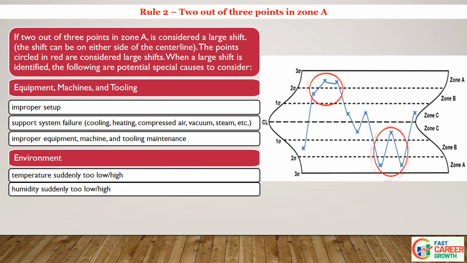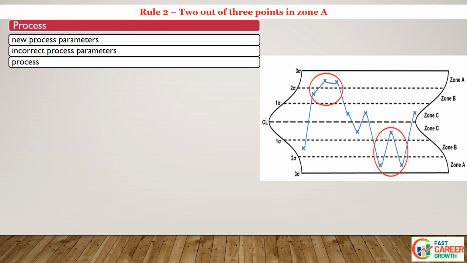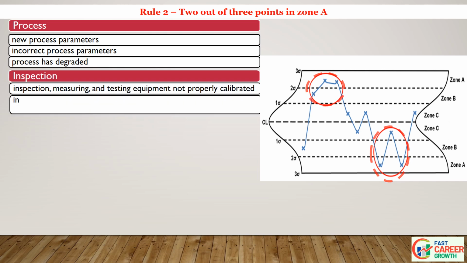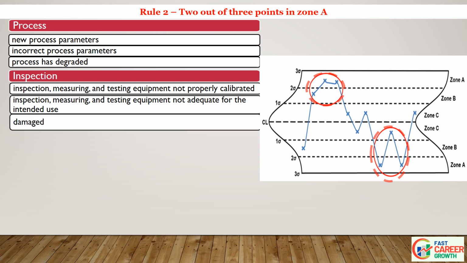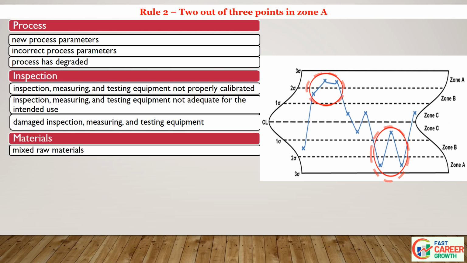Process, new process parameters, incorrect process parameters, process has degraded. Inspection, measuring, and testing equipment not properly calibrated, inspection, measuring, and testing equipment not adequate for the intended use, damaged inspection, measuring, and testing equipment. Materials, mixed raw materials, mixed components. Operator.